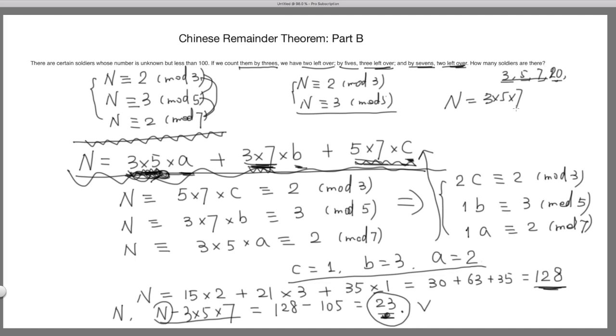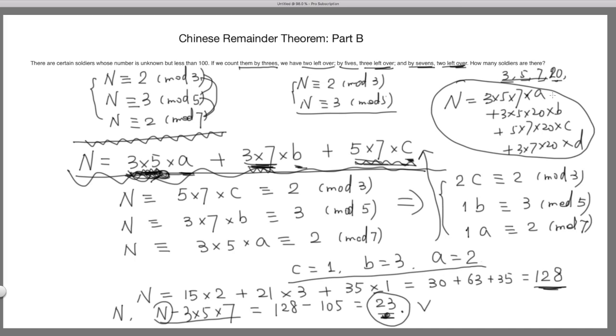So 3 times 5 times 7 times A, plus 3 times 5 times 20 times B, plus 5 times 7 times 20 times C, and plus 3 times 7 times 20 times D. So basically 4 numbers, but you're going to remove 1 number, so there are totally 4 different combinations, and this is the form of n you're going to try to fit when this satisfies: divide by 3, there's a certain remainder, divide by 5, another remainder, divide by 7, a different remainder, divide by 20, another remainder, the 4 equations for that.